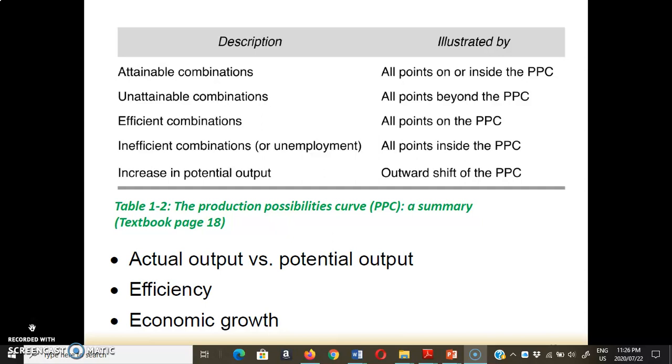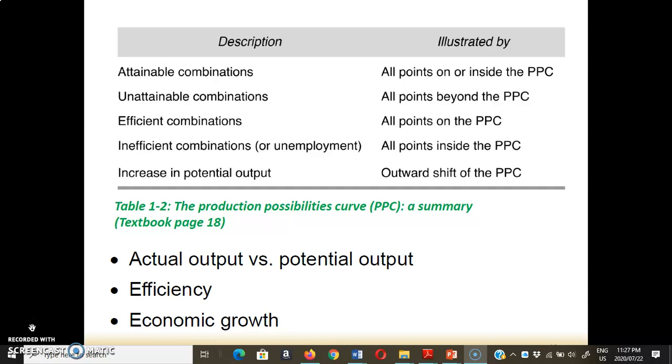Efficient combinations are illustrated by all points on the PPC, and inefficient combinations are illustrated by all the points inside the PPC.